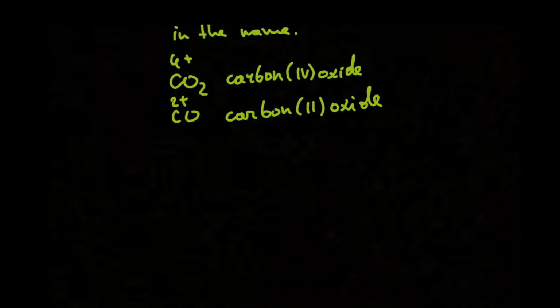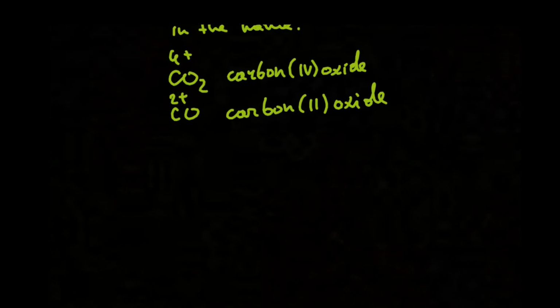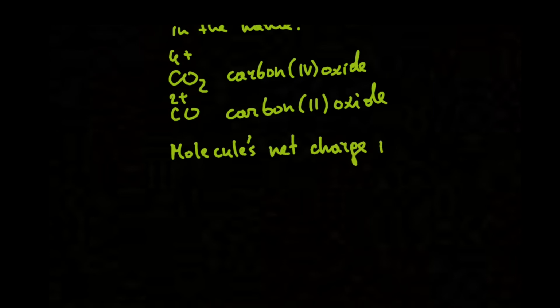Now the question is how to determine the oxidation state of the element. The most important thing you must remember is that the molecule's net charge is 0. That means there are equal number of positive and negative particles in that molecule.